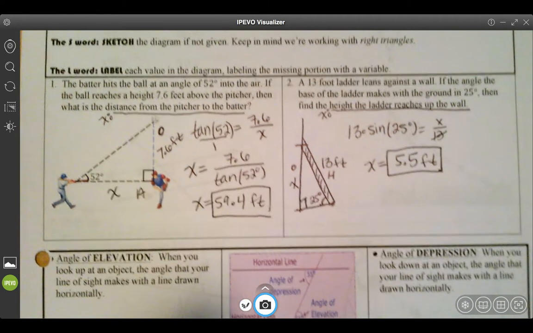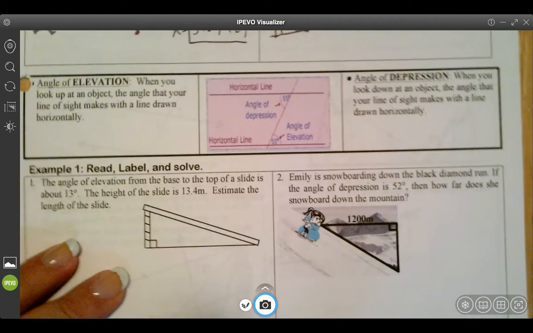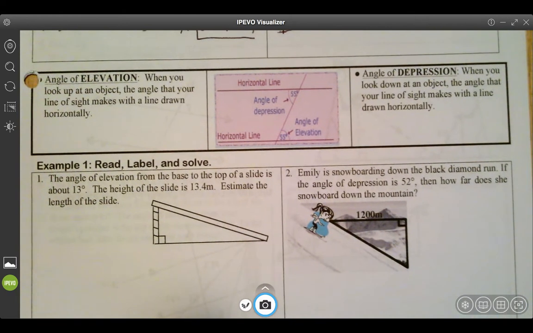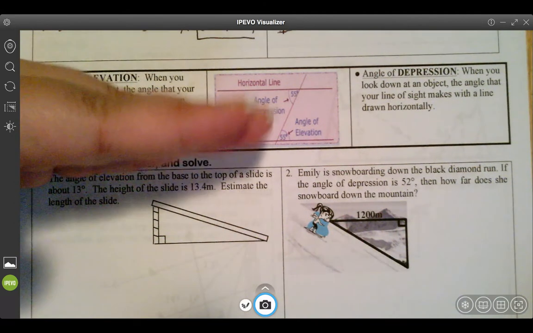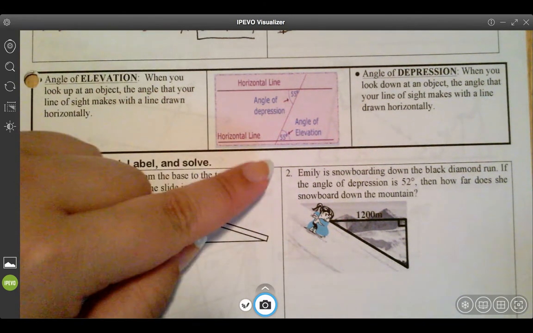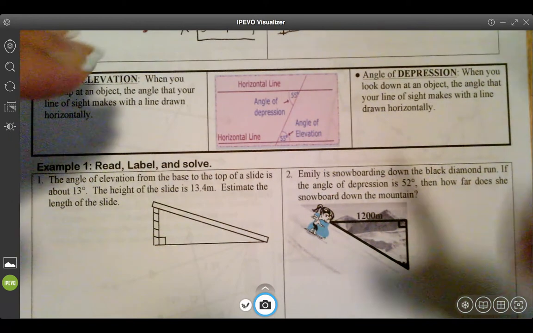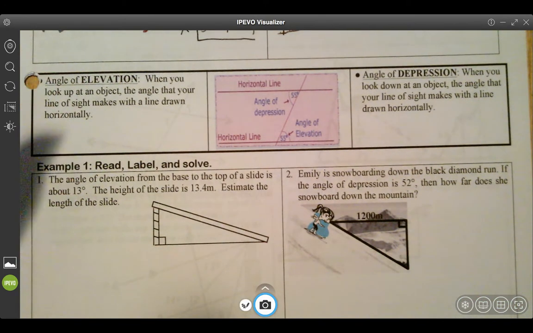So what are these angles of elevation and depression that were mentioned in our objective? Well, an angle of elevation is how far off the ground, so from the horizontal, how far is the angle? The angle of depression does the same thing, but from the sky. So if I'm above, leaning down, or looking down, that's going to be an angle of depression.